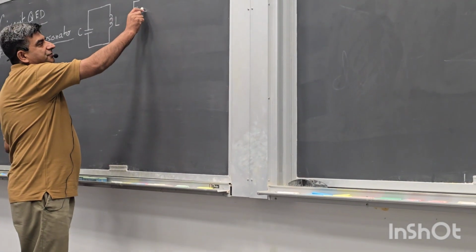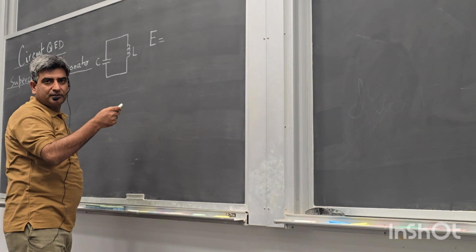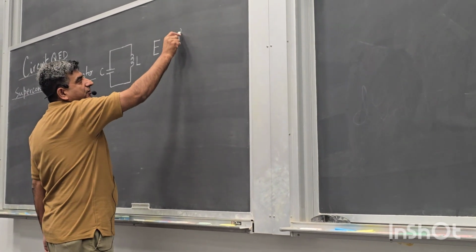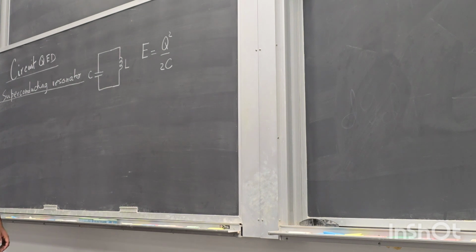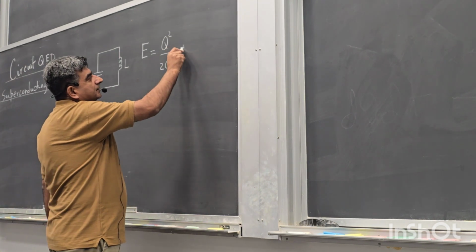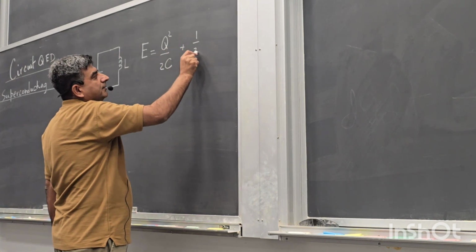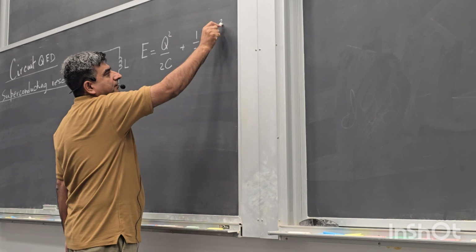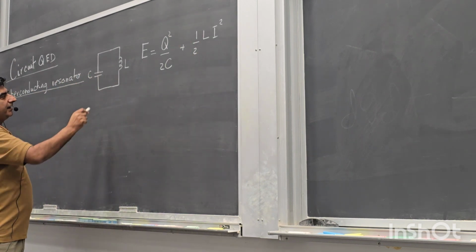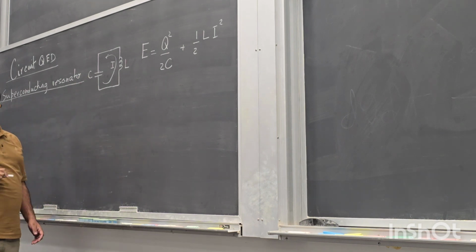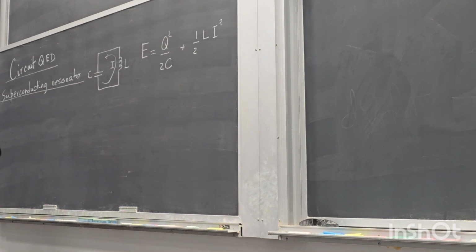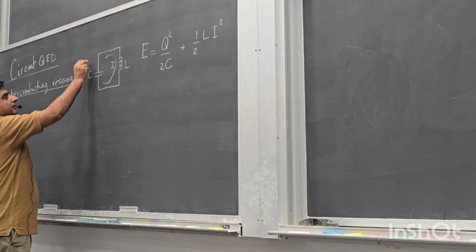So the electrical energy is half CV squared, or the charge on the capacitor squared divided by 2 times the capacitance, plus half L I squared, where I is the current through the inductor and Q is the charge on the capacitance.